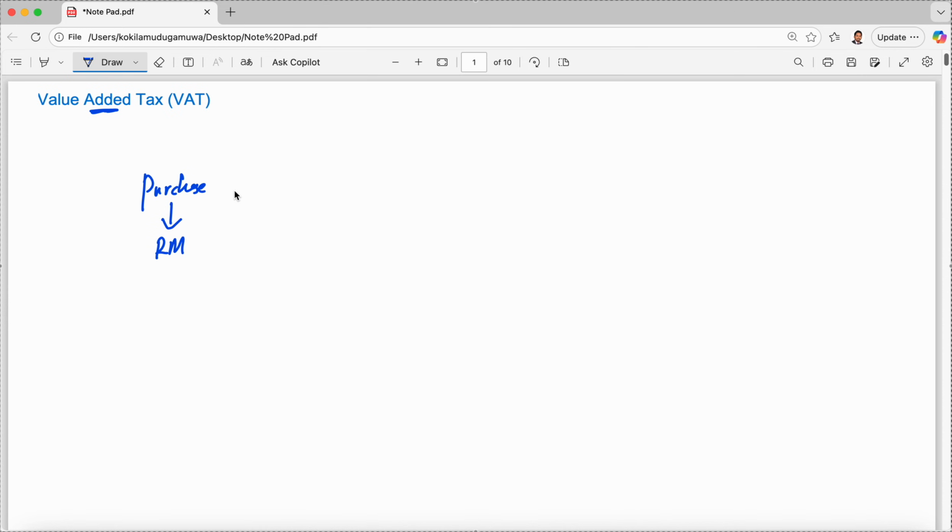When you purchase raw material, we need to do some business process. This is where the value addition comes, right? Then you process those raw materials, I would say value addition. Then finally it goes to the sale part.